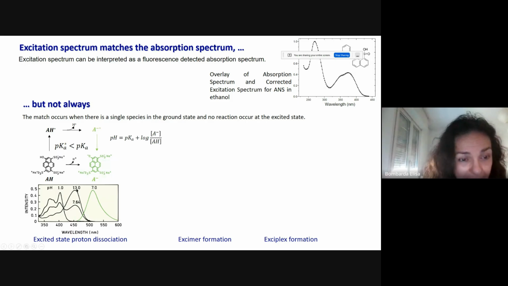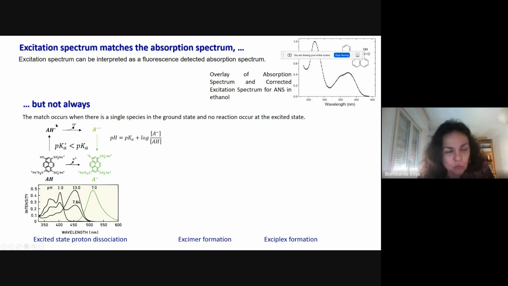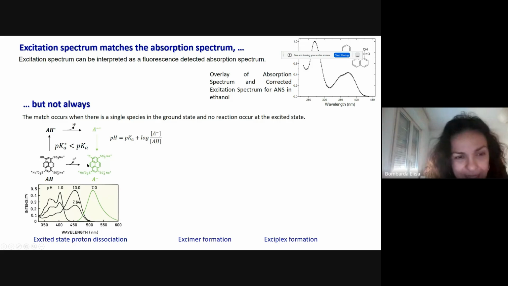Instead, at high, basic pH, like for example 13, the deprotonation occurs already, so it's already there in solution before I excite. Practically, it is this species that I excite, the fluorescent one.